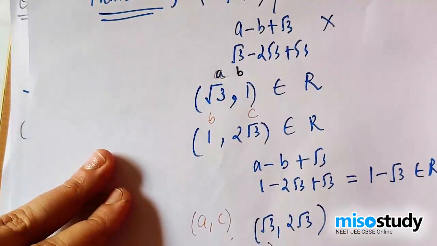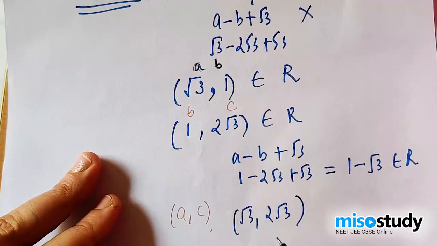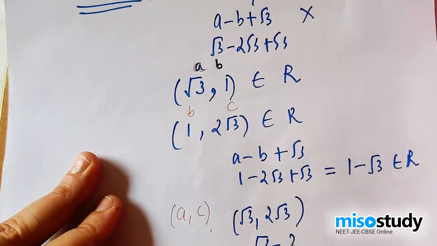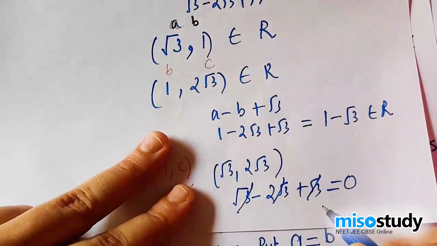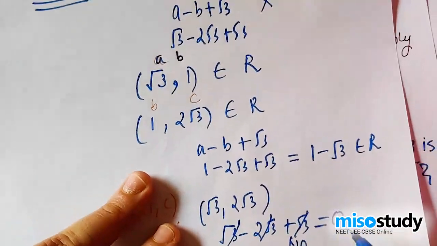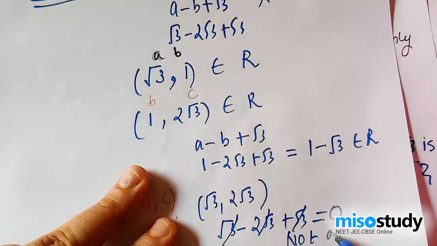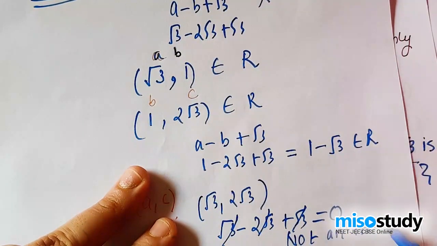So let's check once again so that you don't have any confusion. Root 3 minus 2 root 3 plus root 3. Once you solve it, it will be 0, which is not an irrational number.